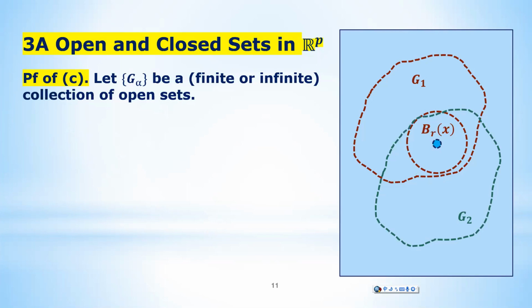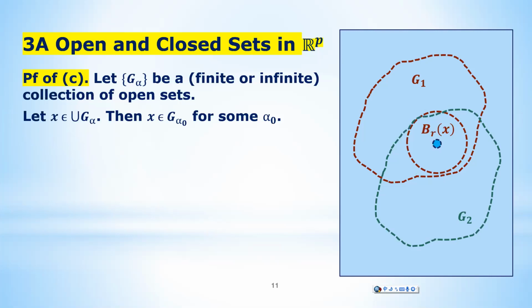It's like countable and uncountable. Using G alpha means that this family of open sets may be not countable. We'll talk about countable sets later. Anyway, you have a family of open sets. This collection may involve an infinite number of open sets. It doesn't matter.